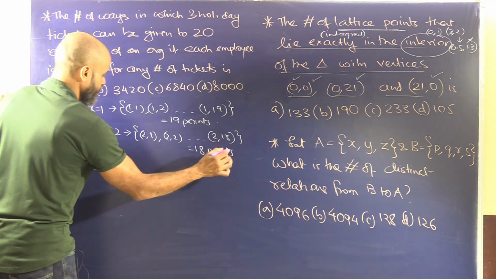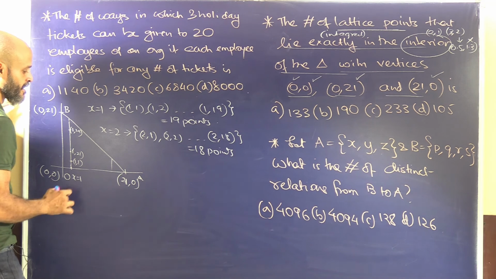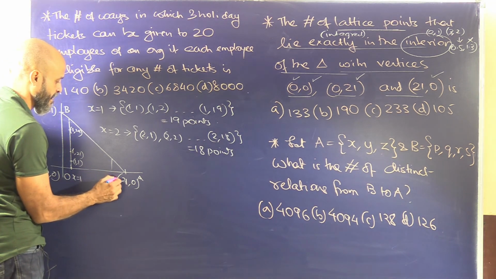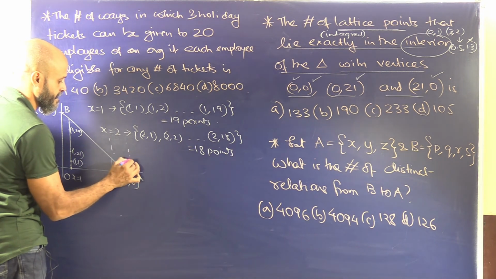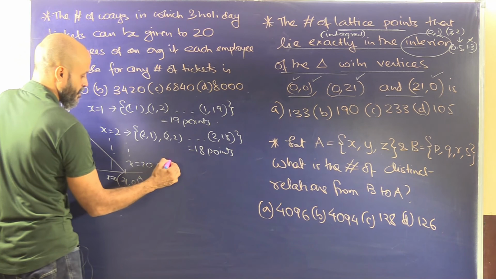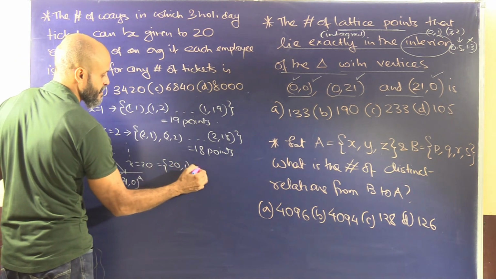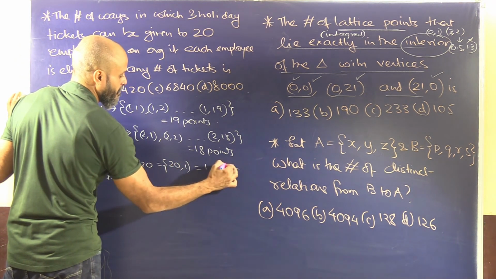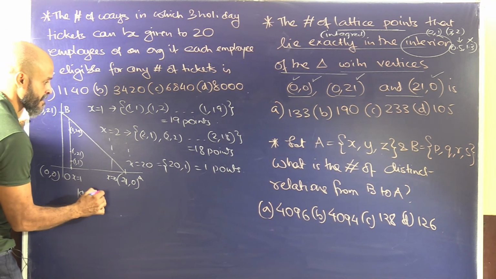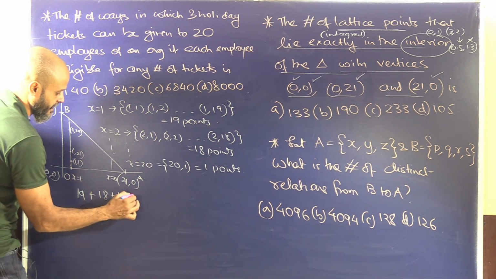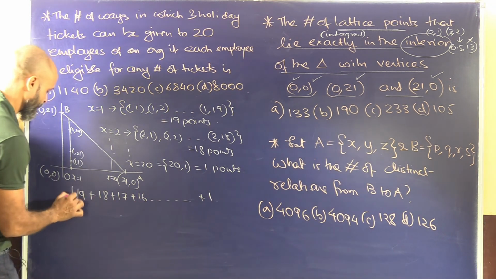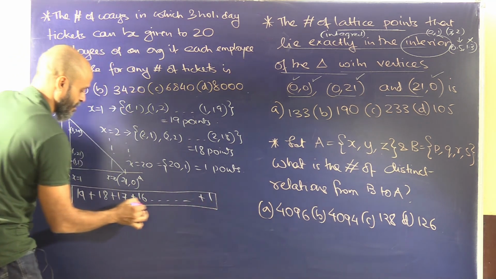What will be my last point here? x equals 20 will have only one point, that is (20, 1). So the number of possible combinations will be 19 plus 18 plus 17 plus 16 and so on till 1.